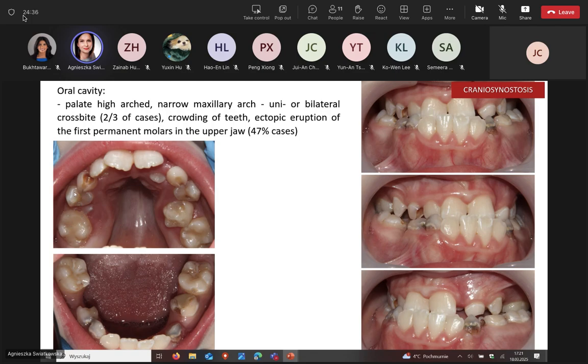So look, here we have first premolar, there was second premolar, but this first molar erupted under the distal surface of the second deciduous molar, and it leads to its resorption. That's why the patient lost the deciduous molar too early. We also observe mesialization of the first molar. That's why we don't have enough space for the second premolar.